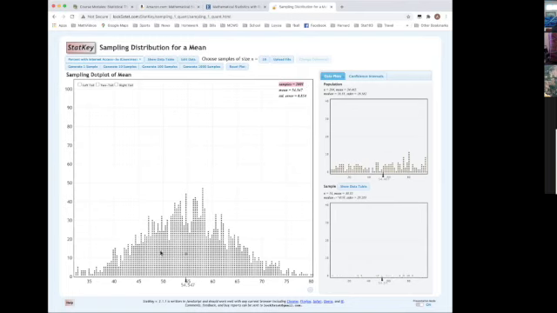So each of these dots down here is a sample, right? And that dot corresponds to 10 countries that were picked. And then we calculated their average for the percent of people in that country that have the internet. And as I click on different dots in the main distribution, you can see that the sample box in the lower right is reflecting which 10 countries were picked in that sample.